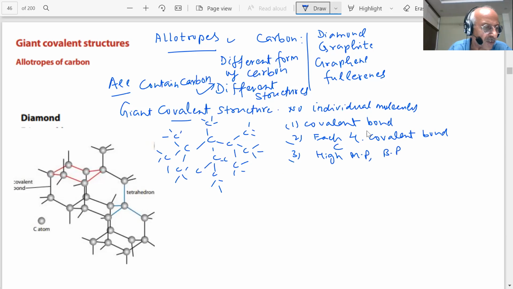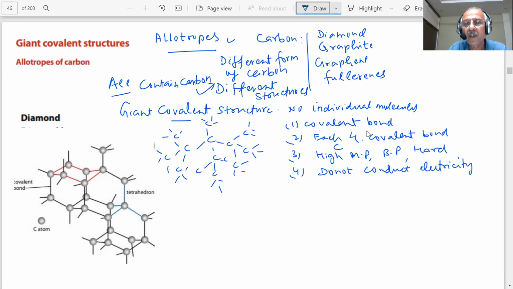Diamond is very hard for the same reason, because of its structure. Diamond does not have any free electrons. All the electrons are used up in the covalent bonds and held strongly, so electrons are not free.